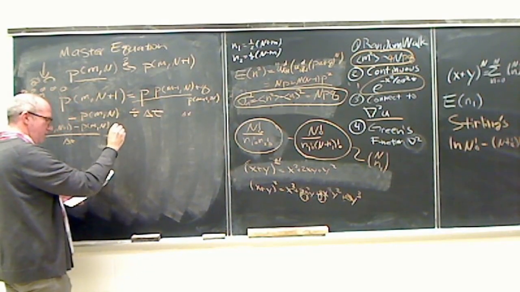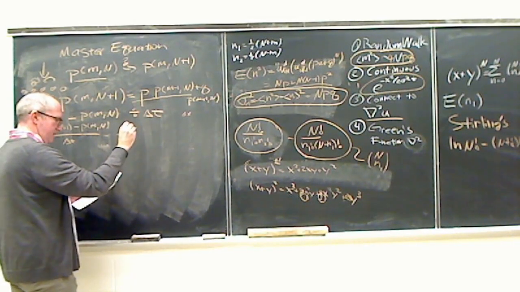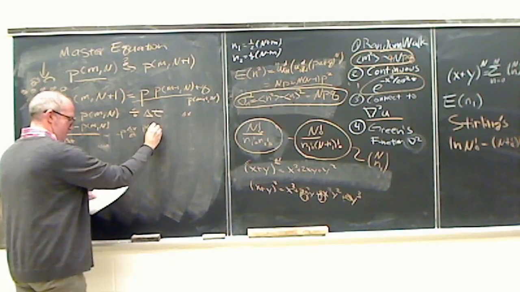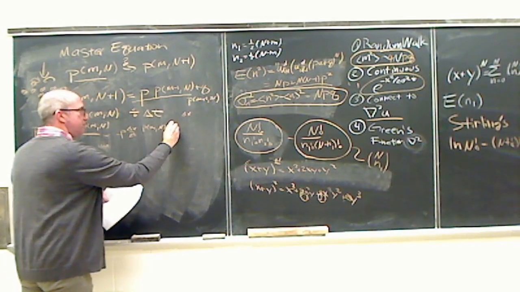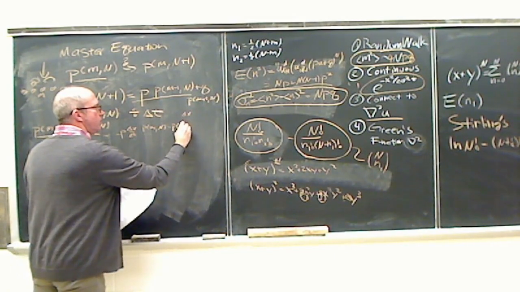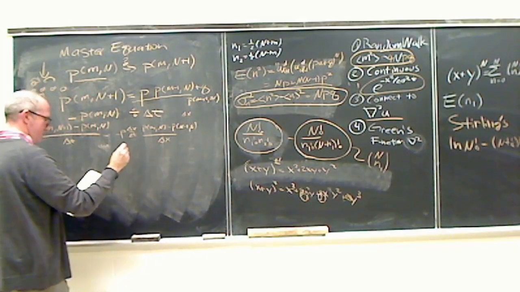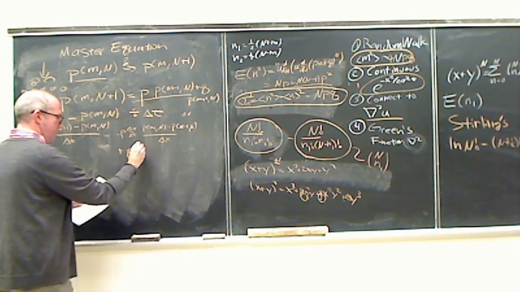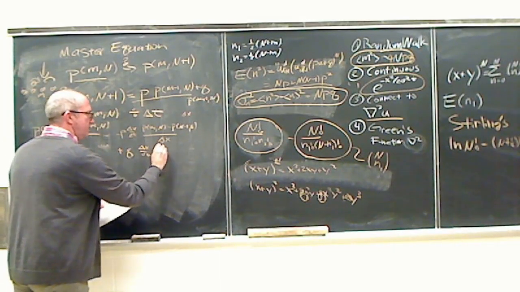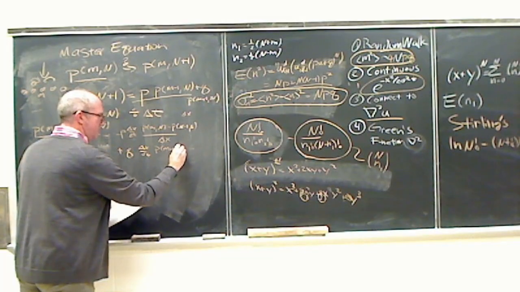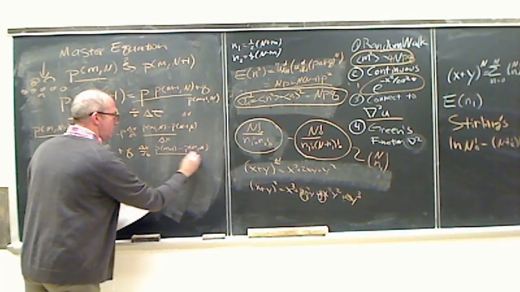So this turns into minus P times delta x over delta t times P of m, n minus P of m minus 1, n over delta x, plus Q delta x over delta t times P of m plus 1, n minus P of m, n over delta x.